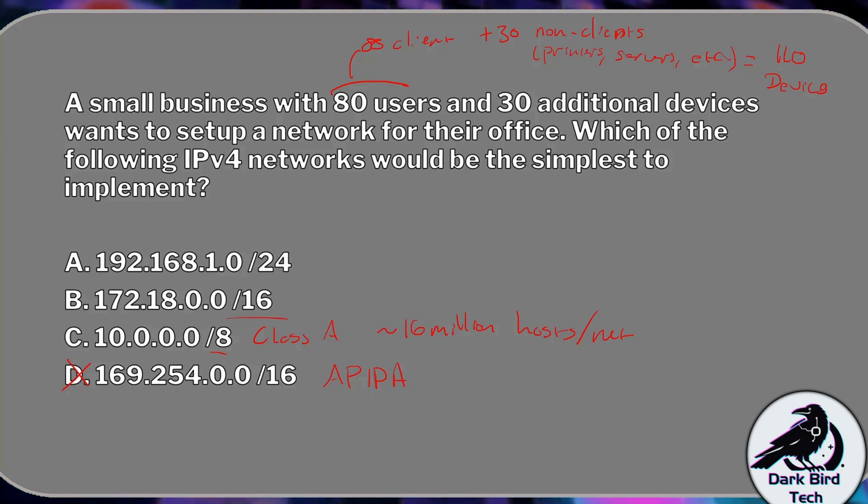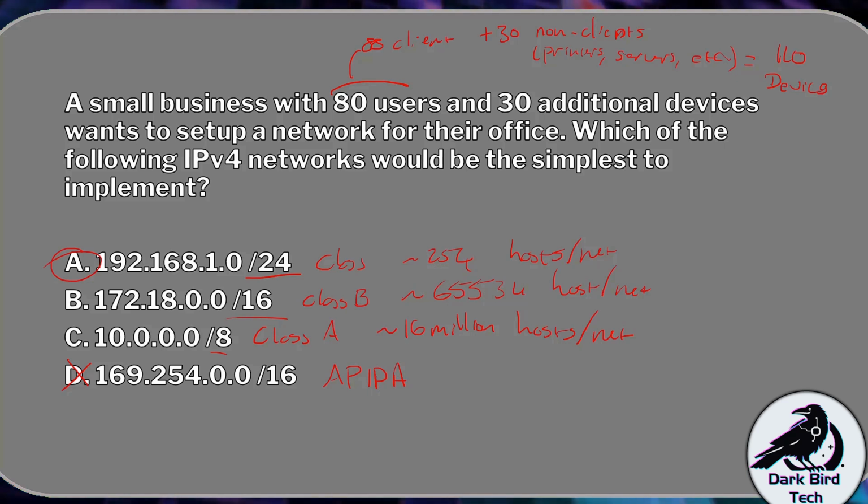This is a Class B network, and you're looking at about 65,534 hosts per network. Don't panic if you don't know that number exactly like I do. I'm a networking professional. You're going to see when you do some of the other networking courses I've got here, that becomes very easy to remember. And then Class C, we're looking at 254 hosts per network. So this is going to be a good fit.